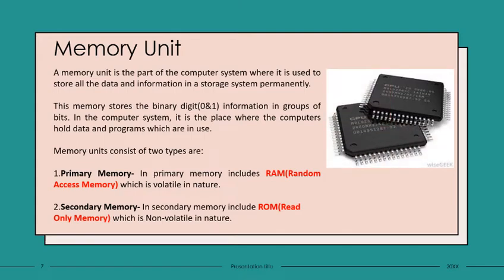Memory units consist of two types: primary memory, which includes RAM, random access memory, which is volatile in nature. Secondly, secondary memory, which includes ROM, read-only memory, which is non-volatile in nature.